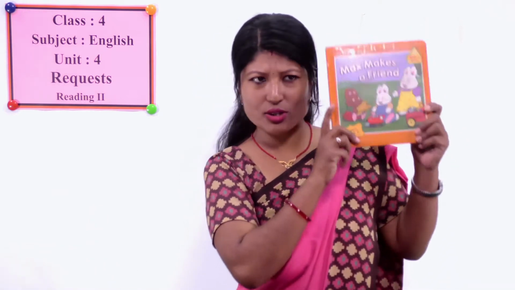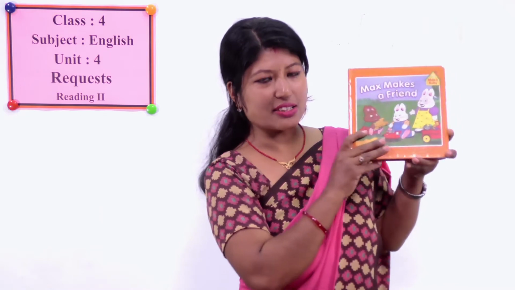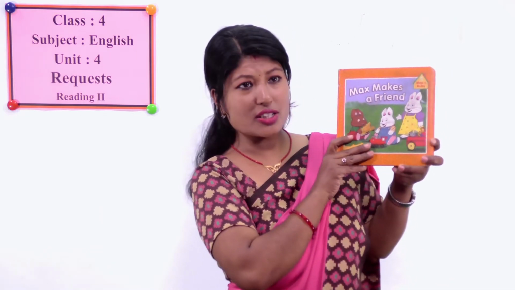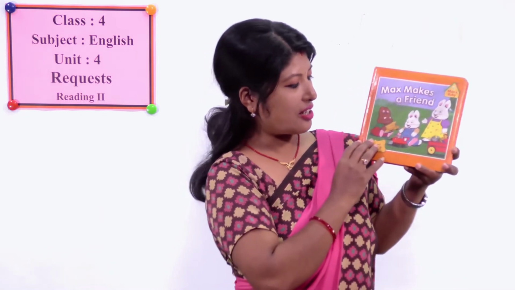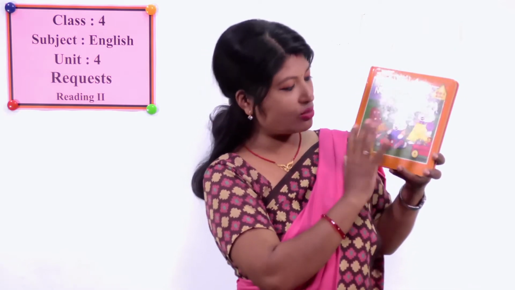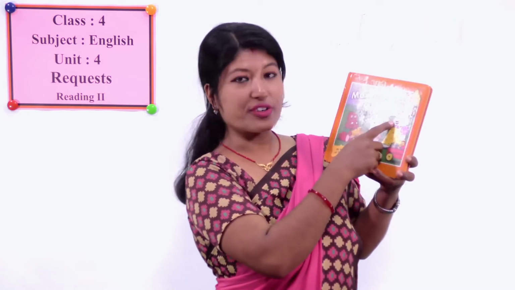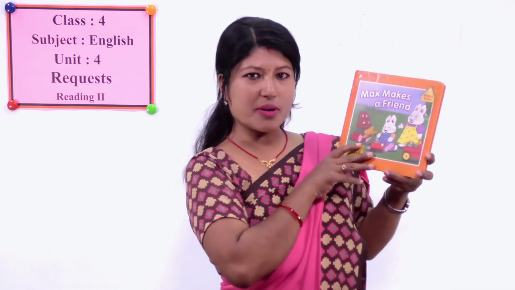And what is this storybook about? Look at here. What can you see in this picture in this book? Okay, yes, it looks like rabbits, cartoon, right? Cartoon rabbits. Max makes a friend. Maybe about Max.